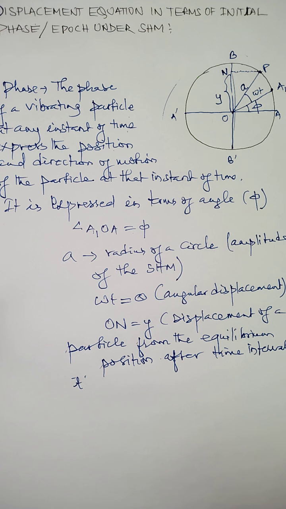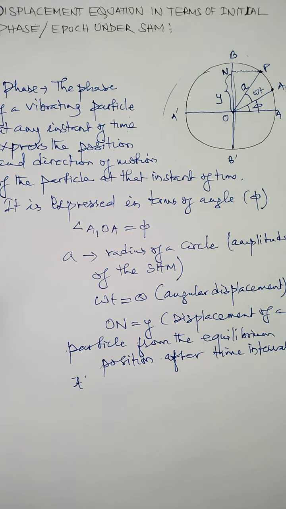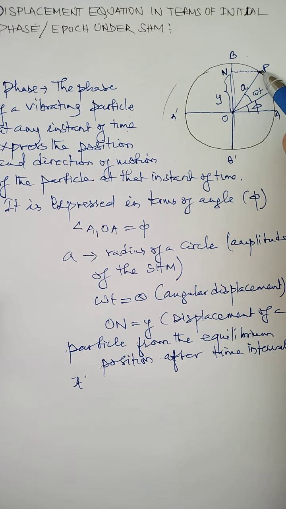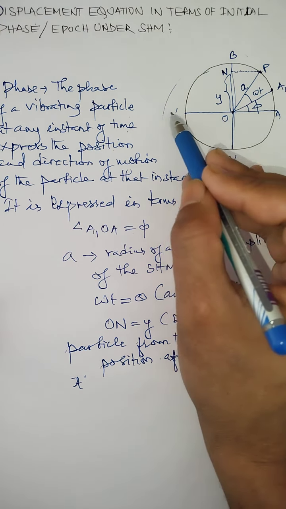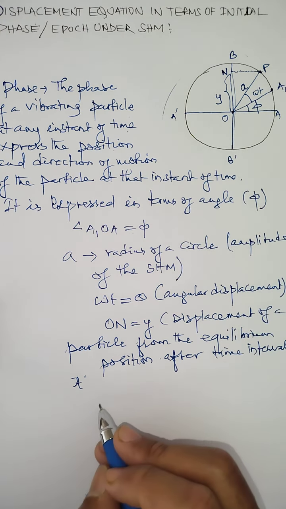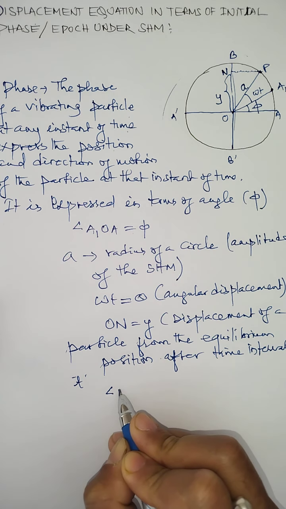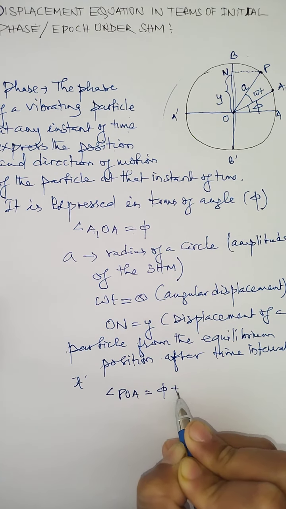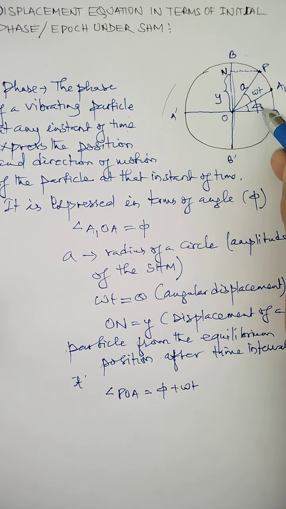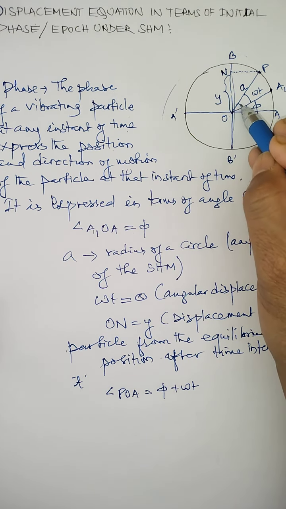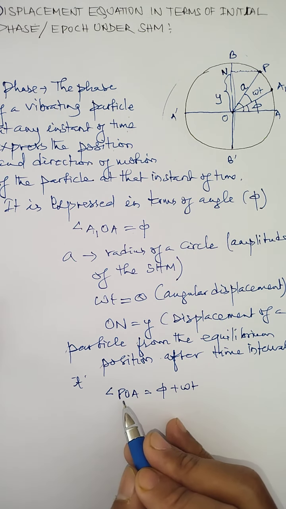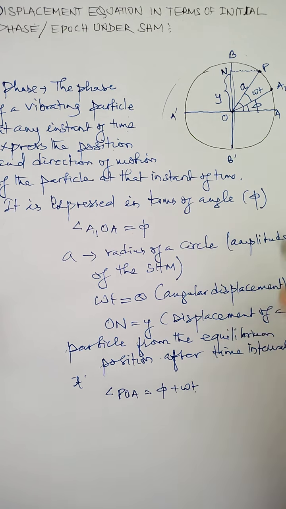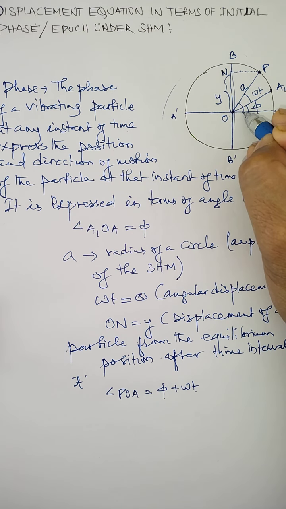If you look at the diagram, the angle made by point P, the position of the particle after time T, with the equilibrium position, also called the reference line, is angle POA, and this POA is given by phi plus omega T. See, this angle plus this angle gives the total angle. That means angle POA equals phi plus omega T.